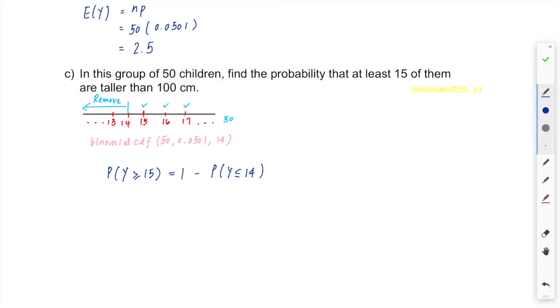This is 1 minus 0.9999, like lots of it, okay? So 1 minus that gives me 1.32 times 10 to the negative 8, which is a very unlikely situation, okay?